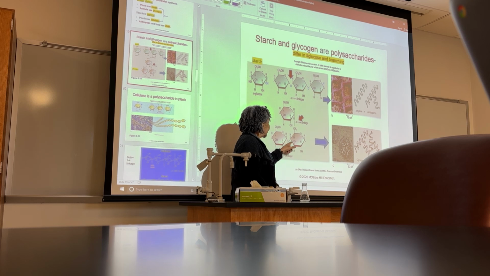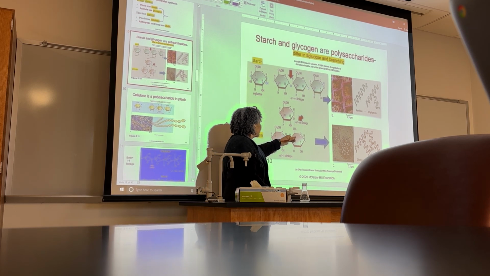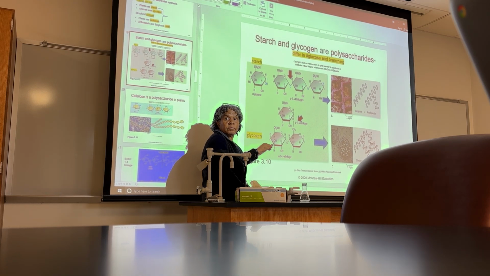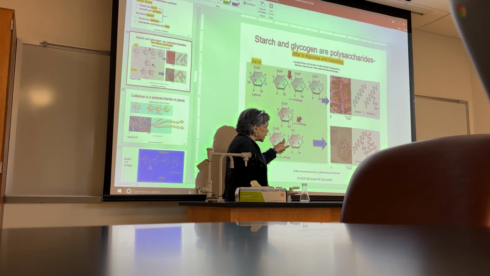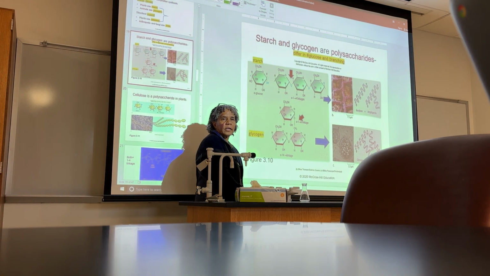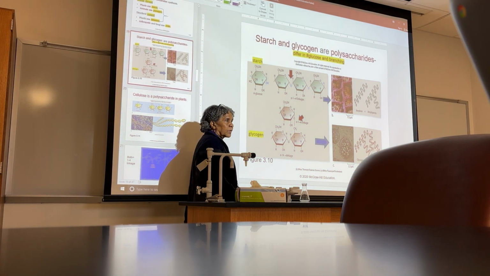So by linkage, I mean what's joining these two together, because glycogen means millions of these together via a dehydration step, just like we talked about before. But this is called a glycosidic linkage between here and here, okay? It's a covalent linkage, but it's also called glycosidic, okay?